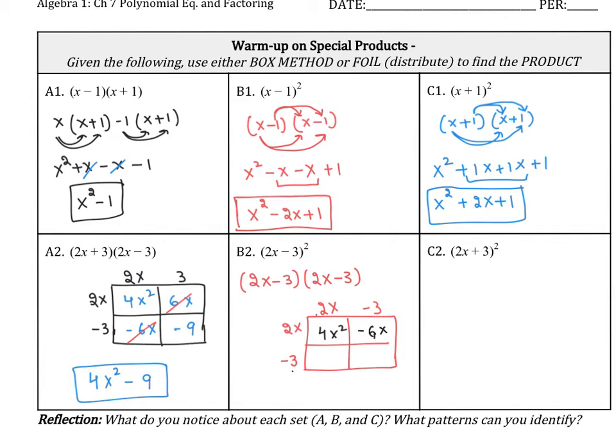Negative 3 times 2x is negative 6x, and negative 3 times negative 3 is positive 9. Combine the like terms inside: negative 6 and negative 6 would be negative 12. So what we're going to have here is 4x squared minus 12x plus 9. So that's going to be your answer.